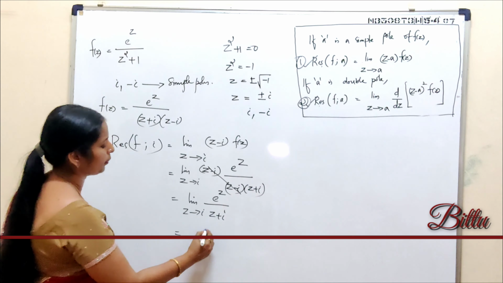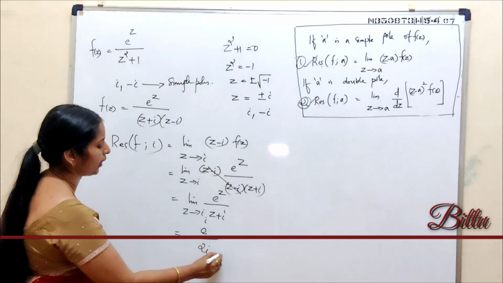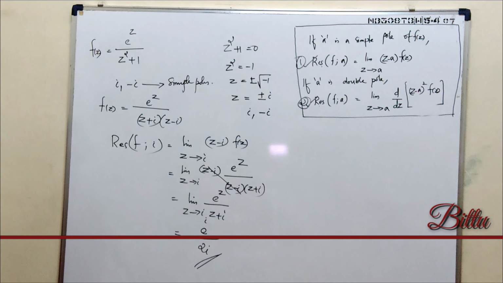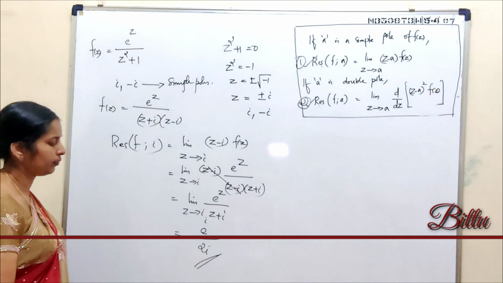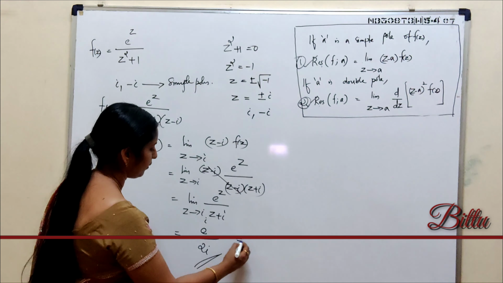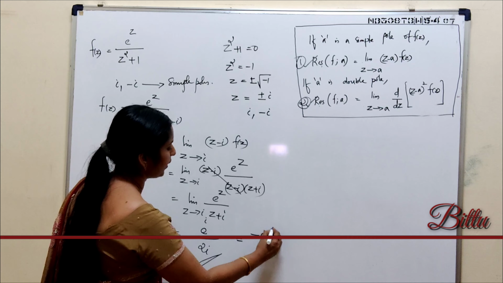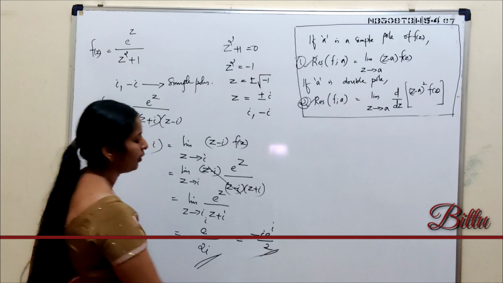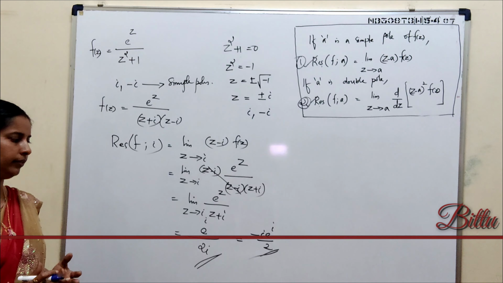You put z equal to i. So, numerator is e raised to i, denominator is 2i. See, this is the residue. Usually, we keep i in the numerator. So, you can write it as minus i e raised to i by 2. Really, it's not necessary, but our convenient way of writing is like this.